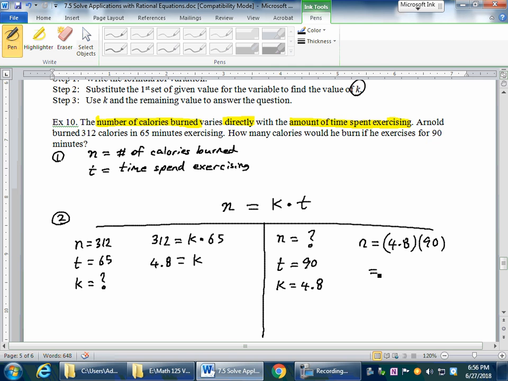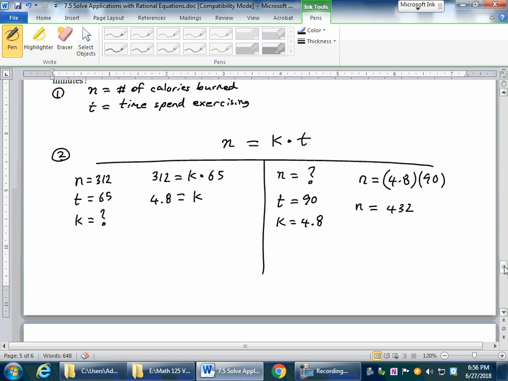And therefore, my answer n will be equal to 432. And then my interpretation will become 432 calories burned for exercising 90 minutes. That will be my final interpretation.